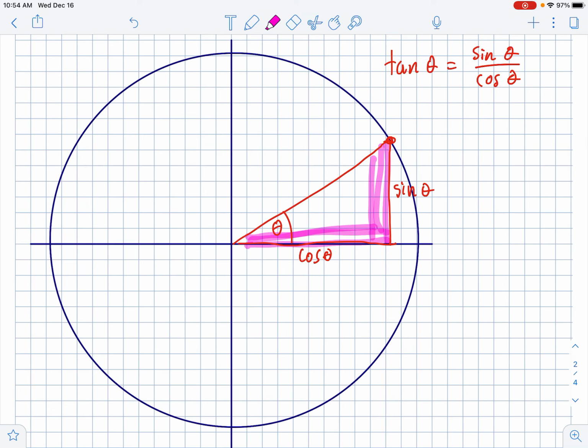So tangent is a lot like the slope of the hypotenuse. It's not the distance, because the distance is 1. It's the slope. So as this theta rotates around the circle, let's say I do another one here.